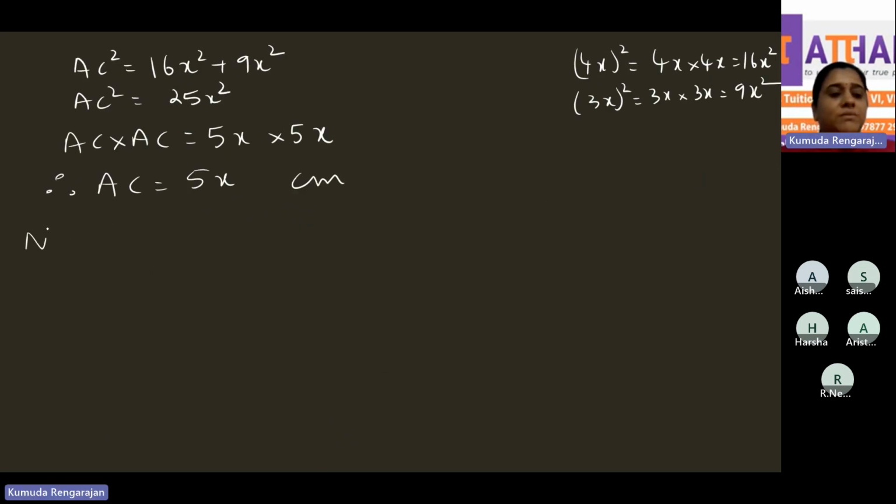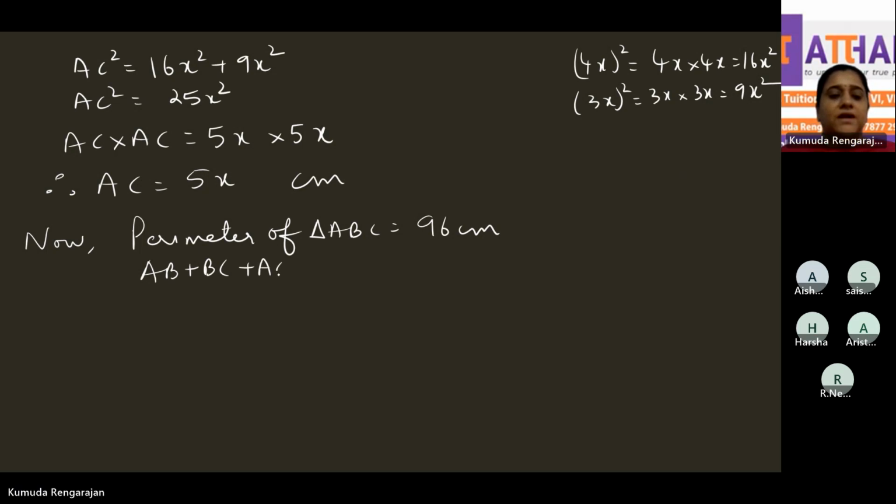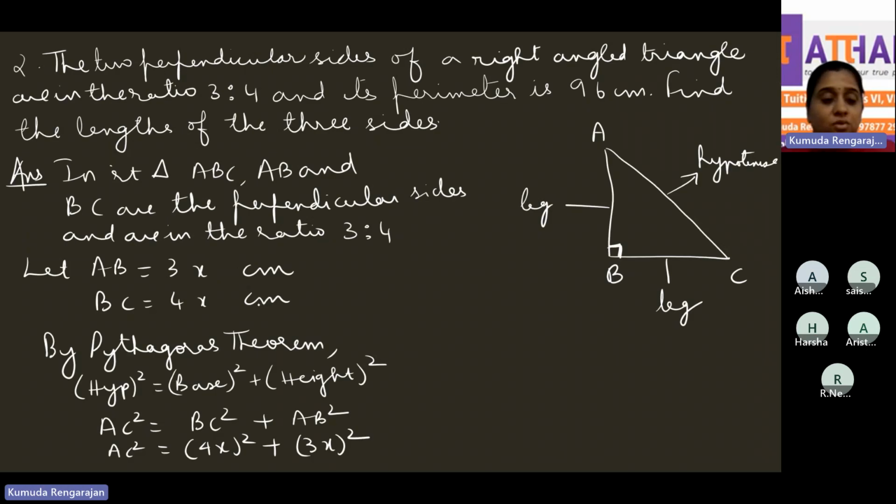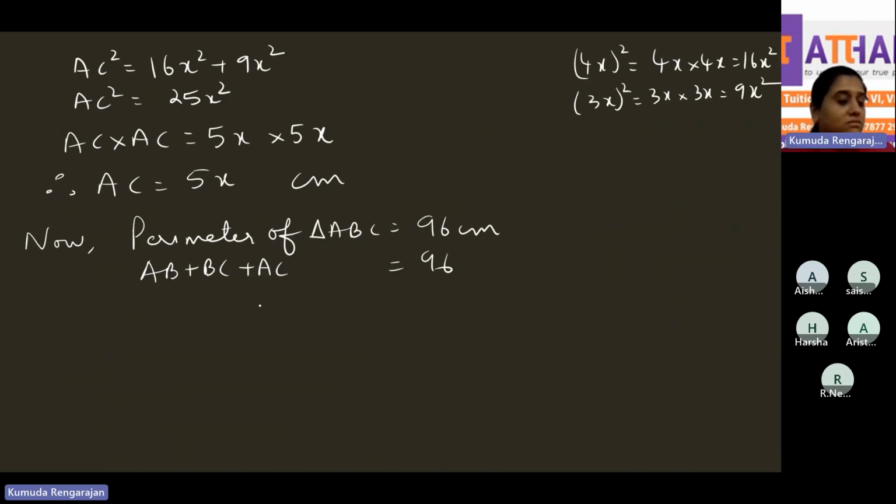Now, perimeter is given to be what? Perimeter of triangle ABC is equal to 96 centimeters. Perimeter means AB plus BC plus AC is equal to 96. AB is 3x, BC is 4x, and AC is 5x.